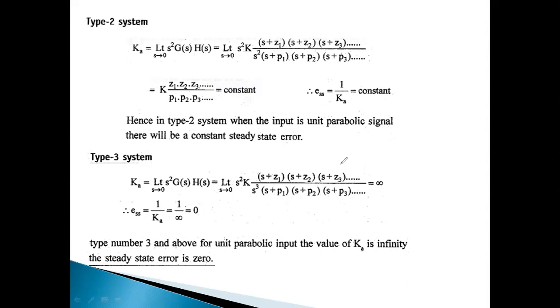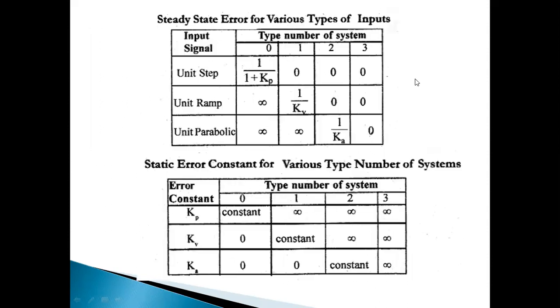Okay. Now, if we consolidate all these, you get this table. This table is very important. In competitive examinations, you will get one question from these error constants. Definitely, you will get one question in any competitive examination, maybe an RRB examination or railways examinations or any GATE examinations.